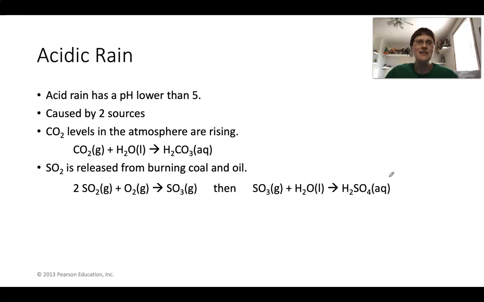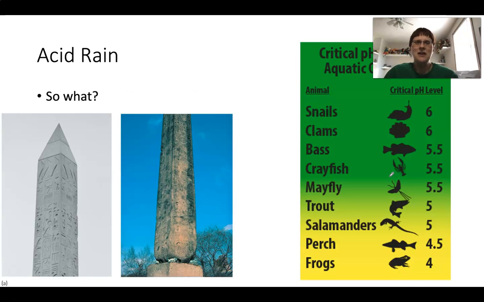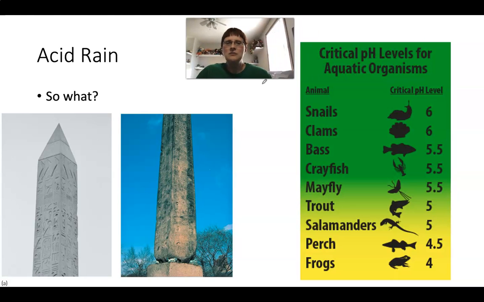And you might be thinking, so what? I don't care. Well, the thing is that this actually has been creating quite a bit of damage. It damages different types of buildings and monuments and artworks. This is actually in New York, I believe it's in Central Park.